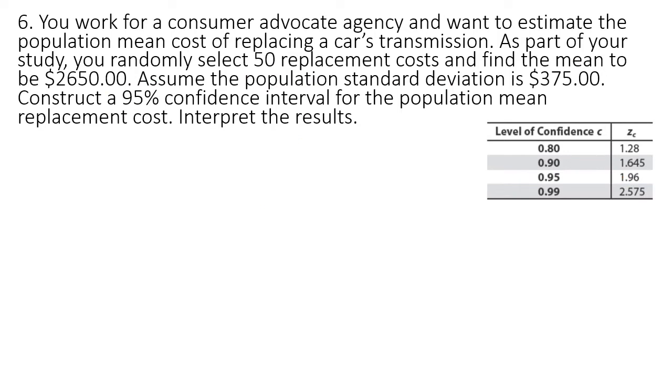So again, we have a similar setup. We're back to 50 different things in our sample, like in the first scenario. We still have the same mean, and we're still looking at a 95% confidence interval, but the population standard deviation has gone down to 375. So when calculating our error, we still need our 95% confidence interval z of 1.96.